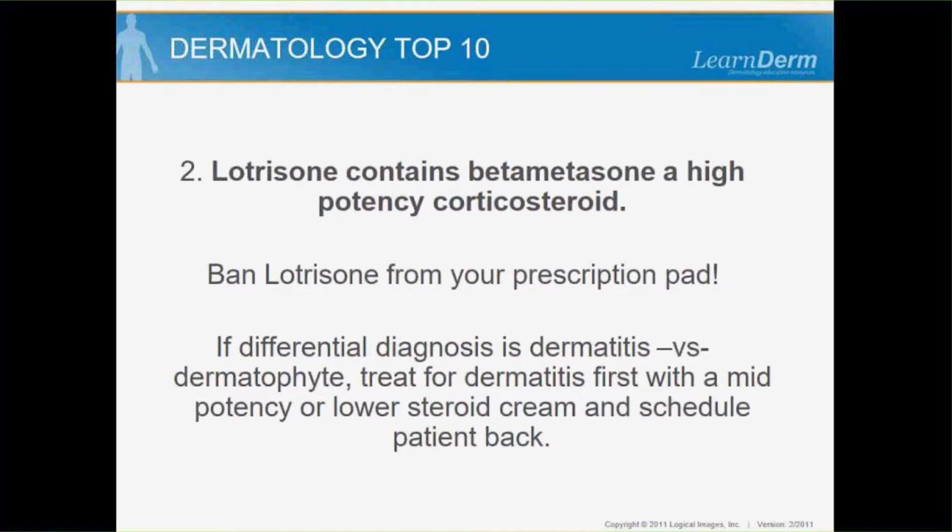You make judgments about the strength of the steroid you should use depending on the thickness of the skin. If you're prescribing a topical steroid for the palms, that can tolerate a higher strength steroid because the epidermis and stratum corneum of your palms and soles is very thick, and therefore it takes longer for those steroids to penetrate.